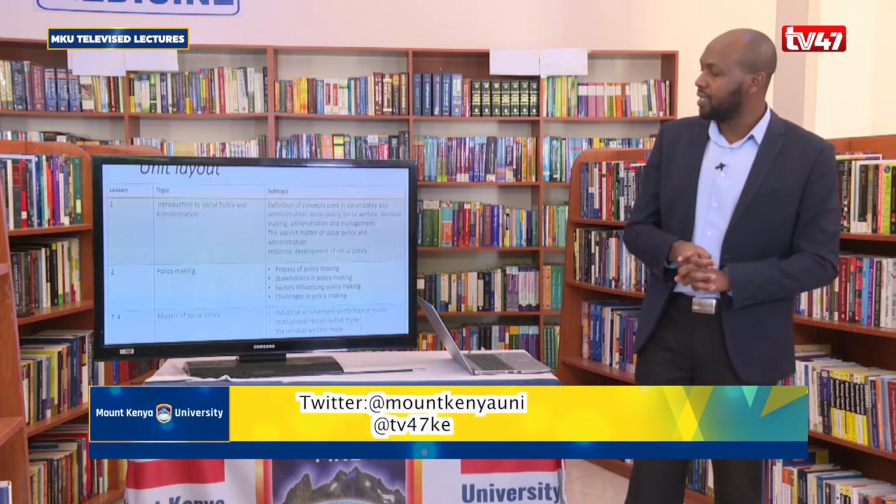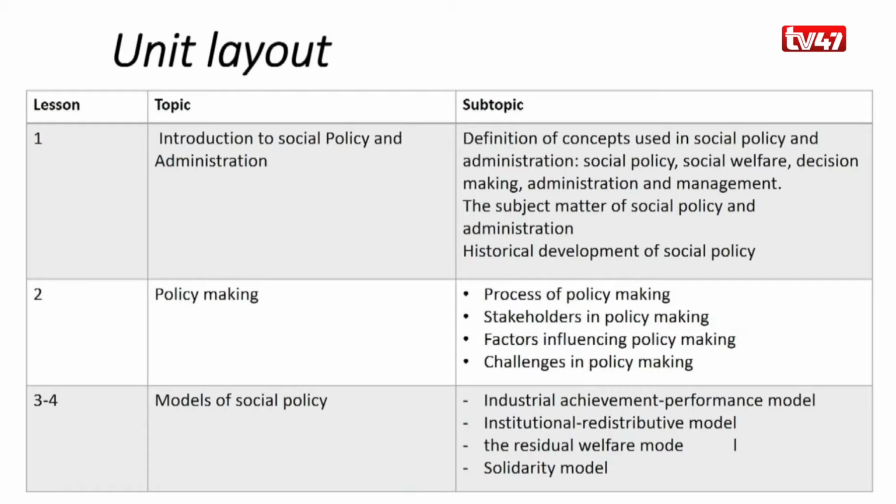Next, we will be looking at the question of policy making. Like we said, social policy is about policy, and in some circumstances when there is no policy existing, there is always a need to ask: can we just develop one?